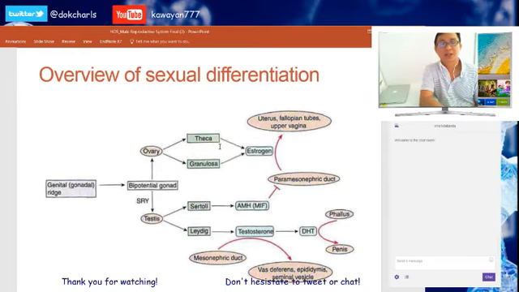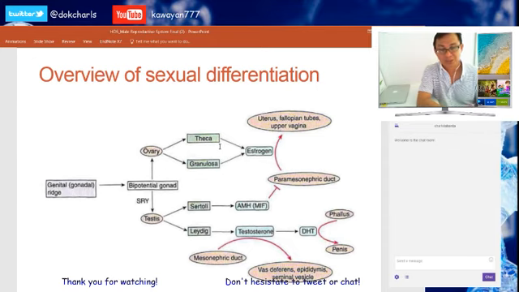Taking a closer look at your overview of sexual differentiation, you would see that once the primordial germ cells migrate to the gonadal ridge, there is now a potential for the development of either a male or a female individual.